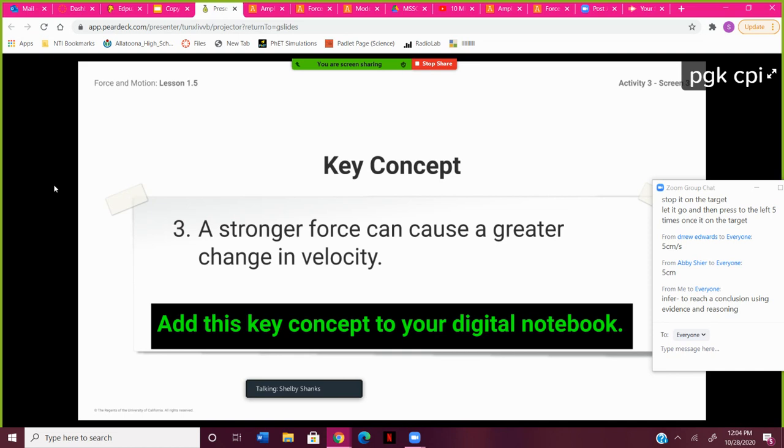A stronger force can cause a greater change in velocity.